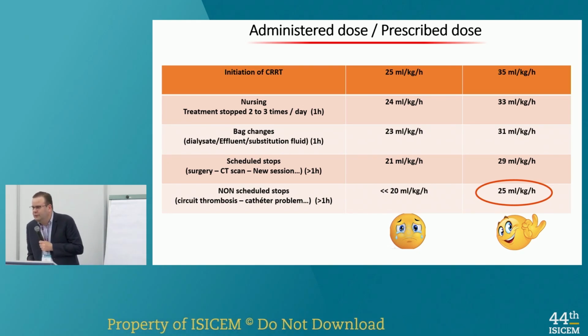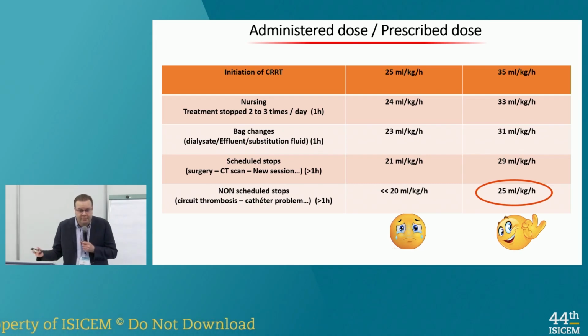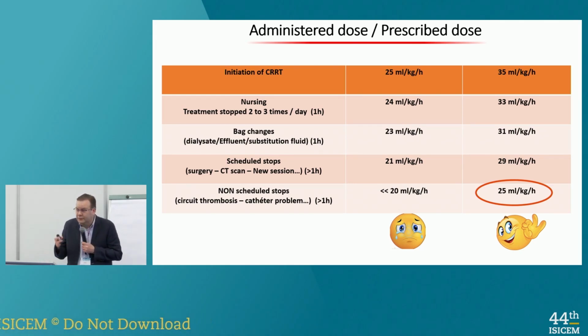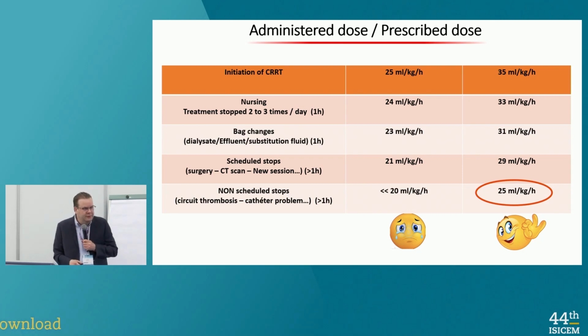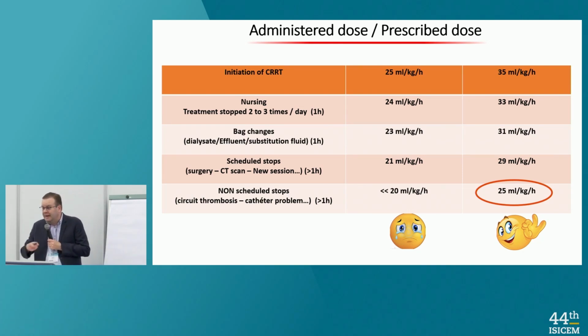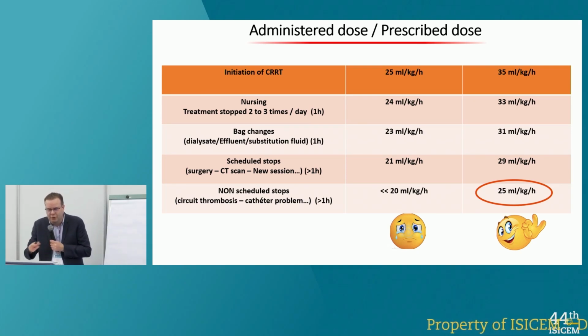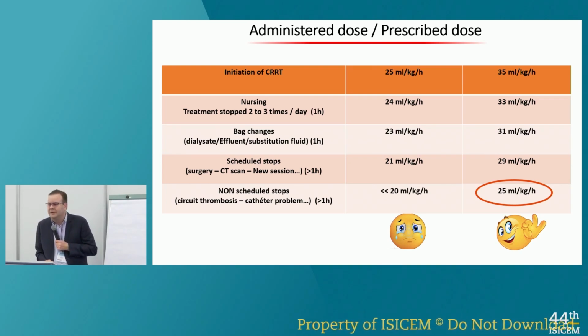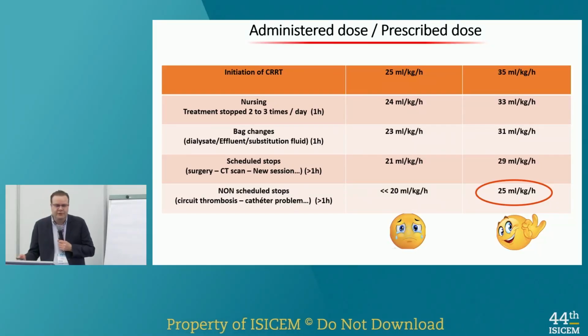Also, your patient is going to go to the CT scan, or maybe to surgery, and you're not going to dialyze your patient at that moment, so you lose again a little bit of dose. And sometimes, because you don't manage your dialysis catheter correctly, you have to change the catheter, or you deal with problems with the catheter. That's why we are here, because we don't want these stops. Do you understand? Any questions so far?